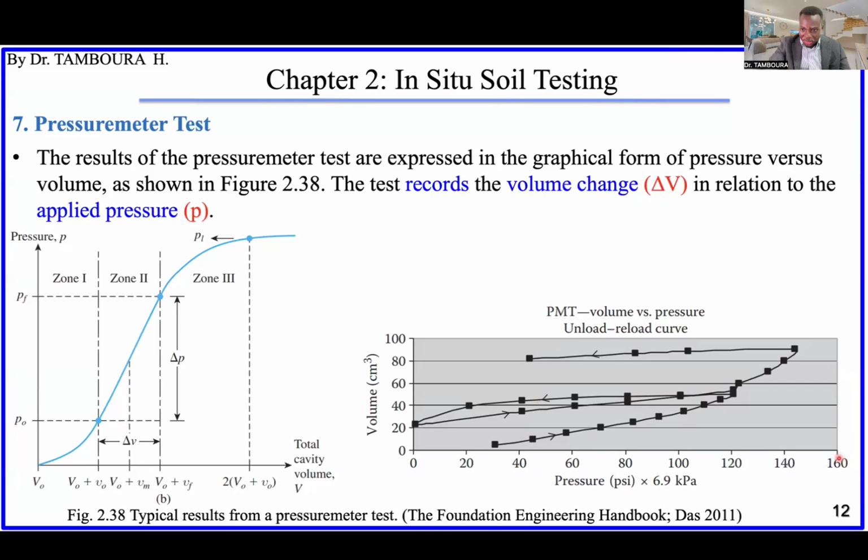If you take this corner of the figure and flip it, put it here, then you will get a graph that is comparable to this shape.